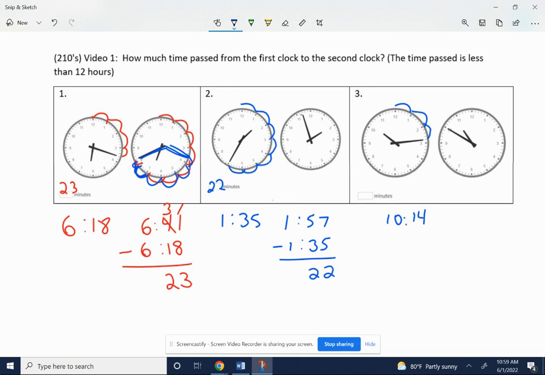The second clock, past 10 o'clock, looking at the minute hand, it'd be 5, 10, 15, 20, 25, 30, 35, 40, 45, 50 minutes past 10 o'clock. So that's 10:50. So we could just take the 50 minutes minus the 14 minutes to figure out how many minutes have gone by. 10 minus 4 is 6. You had to borrow, make that a 4 minus 1 is 3.